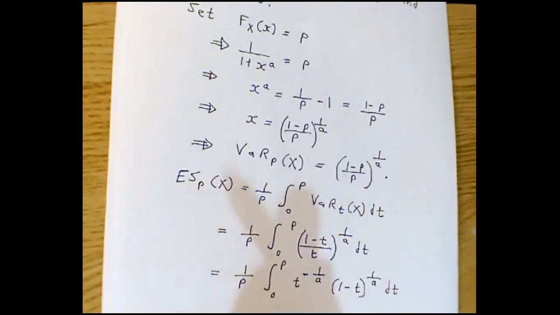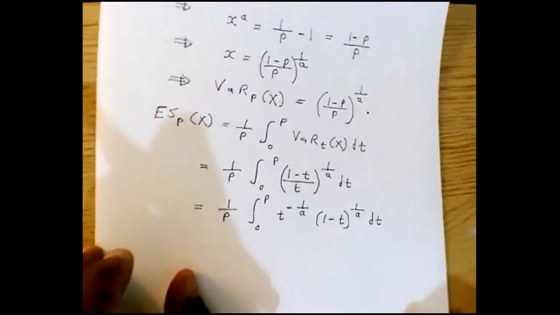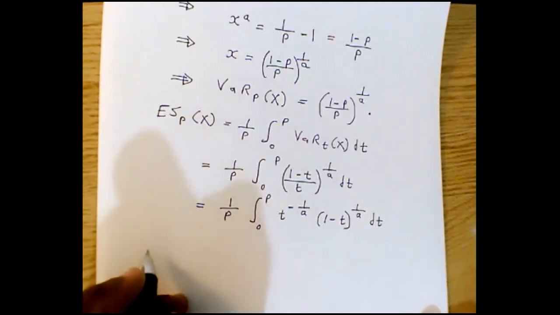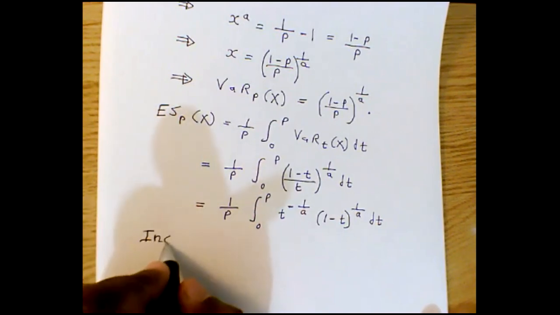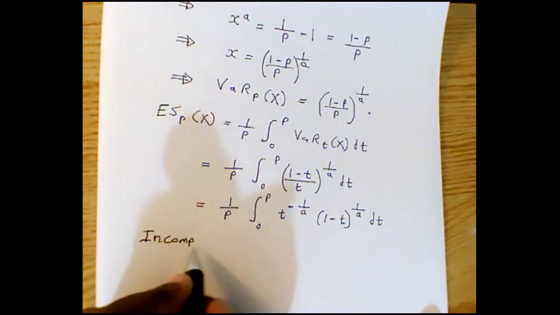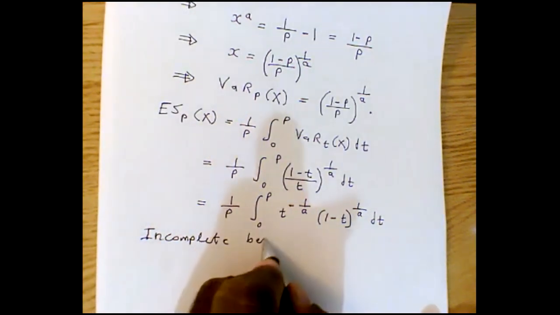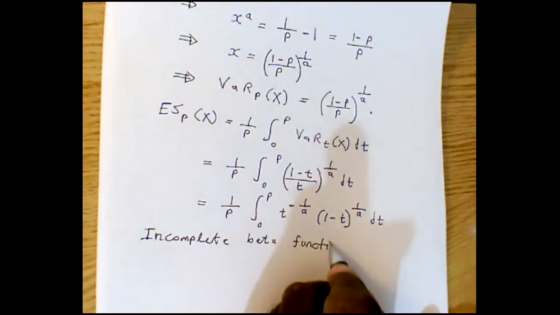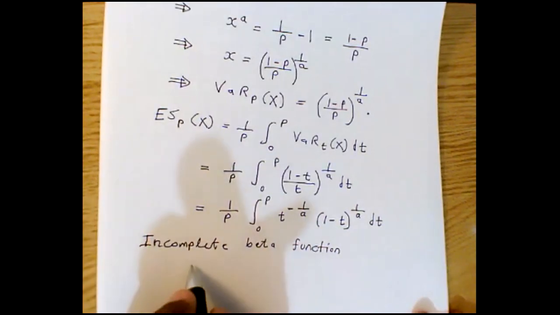And this kind of integration has a name, which is known as the incomplete beta function. So I will write it down. The incomplete beta function is defined by the following expression.